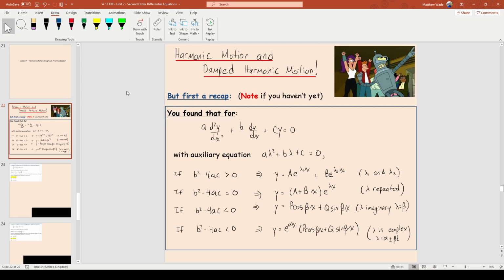Say that you were to have a mass of any sort, and you were to attach a spring to it on either side, so like a spring that's pushing on both sides into the middle. You could pull your mass out toward the one side, so it compresses one spring and it extends the other.